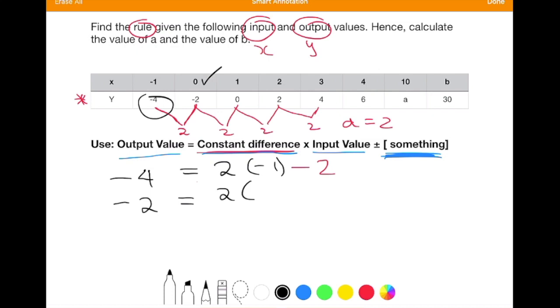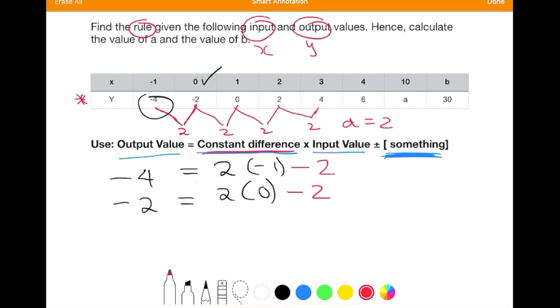It is 0 in this case. And now, if you stop there and simplify, 2 multiplied by 0 will give you 0, and clearly -2 is not equal to 0. But -2 is equal to 0, subtract 2. So that's a -2 again.